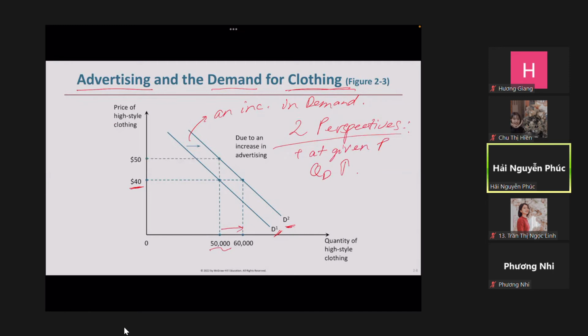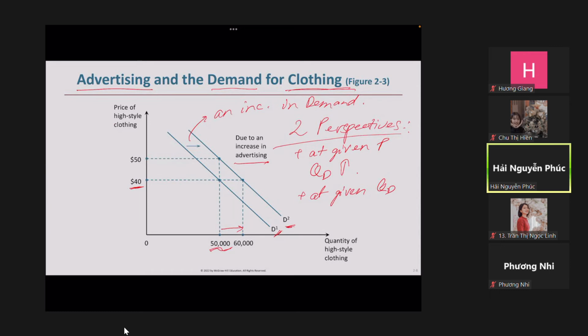The second perspective we can take in this example is the fact that at a given quantity demanded, 50,000 for example, due to the impact of advertising, people are willing to pay more for the good.